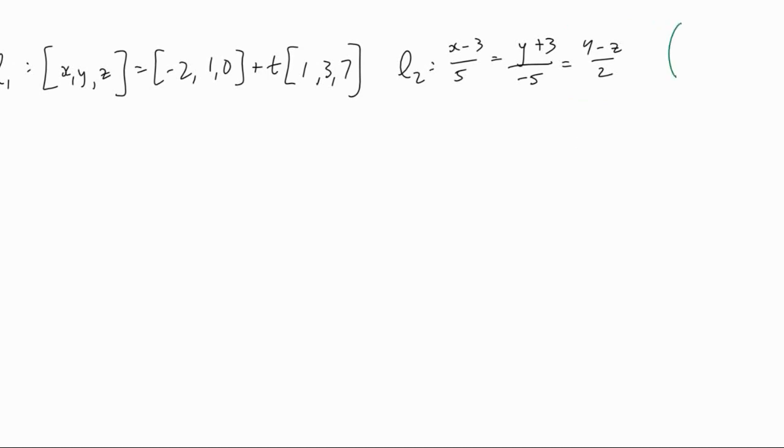And so in symmetric form, it's x minus x naught over m1, y minus y naught over m2, z minus z naught over m3. So I would be turning this into negative z plus 4 over 2, which would be negative, factoring it out, z minus 4 over 2, or even better, z minus 4 over -2.